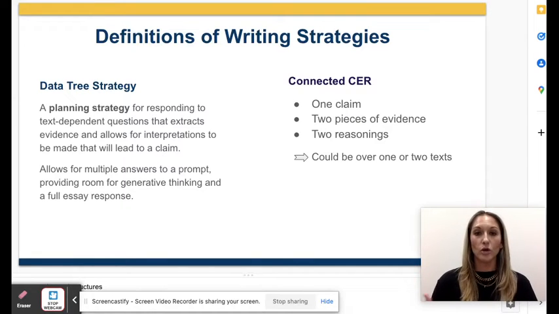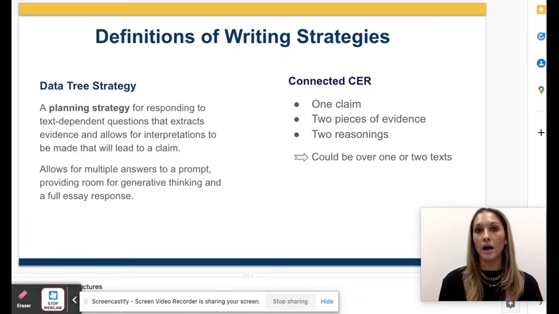Before we start showing the data tree and the process, I wanted to be clear about what connected CER is. Connected CER is one claim with two pieces of evidence and two reasonings. This evidence and reasoning can come from one text or multiple texts. It would just depend on the charge for the student and what the teacher would need the student to answer.